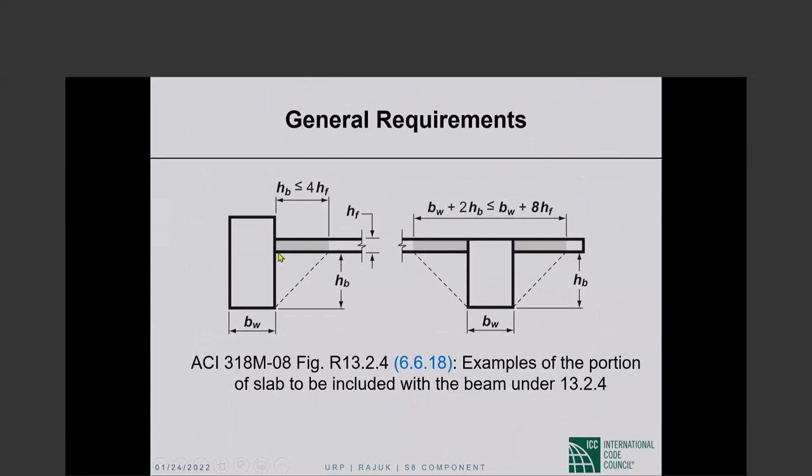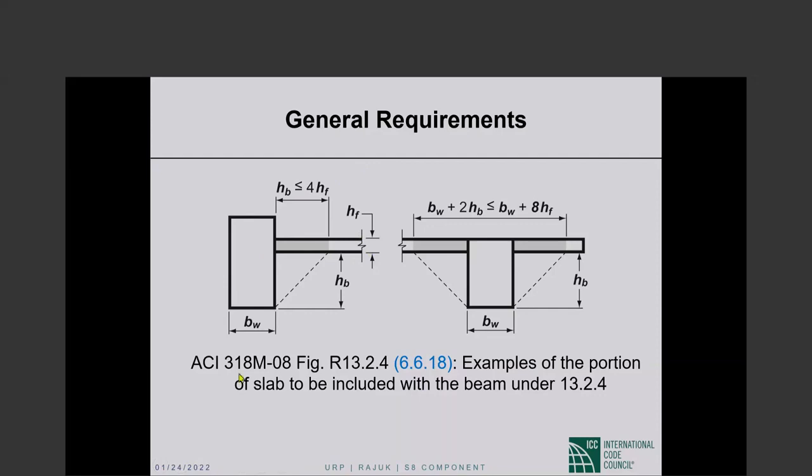Whatever part of the beam is sticking below. So H sub B, width of the slab, is taken as part of the beam, but H sub B shall not be taken any more than 4 times the thickness of the slab. This we saw before when we were discussing the beam to slab stiffness ratio.